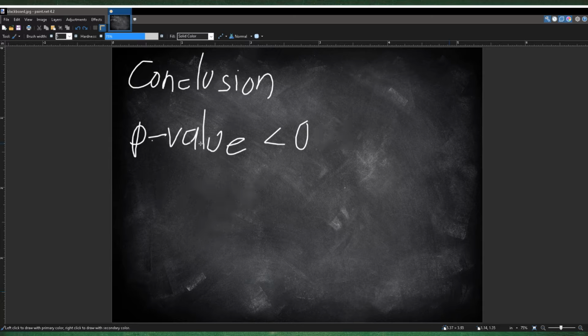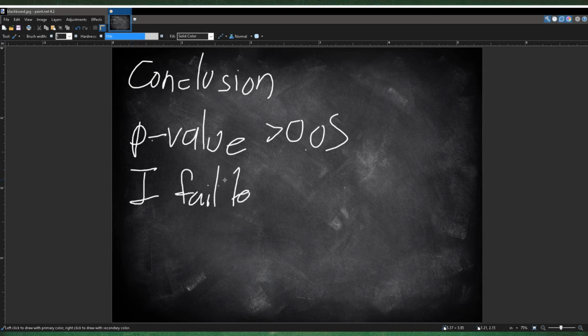But that's only for when the p-value is less than 0.05. If it's greater than 0.05, so it's within that data range, you say I fail to reject the null hypothesis.